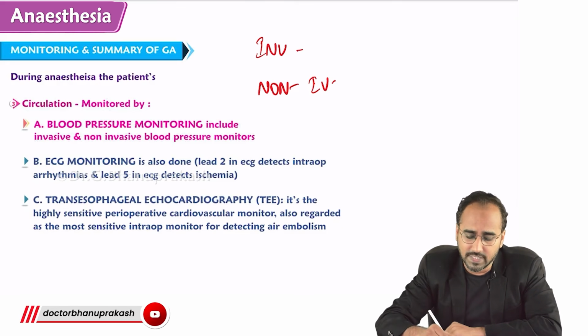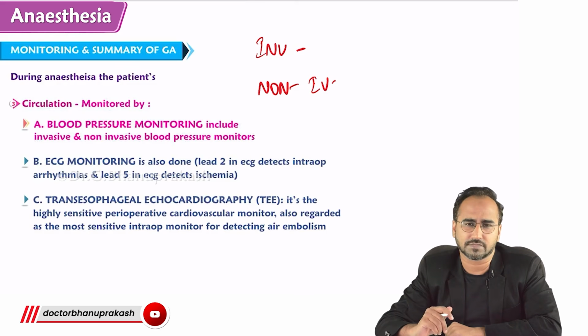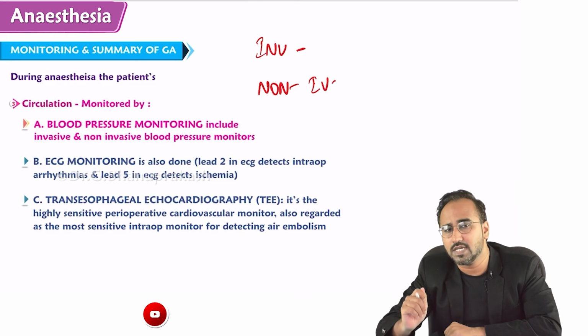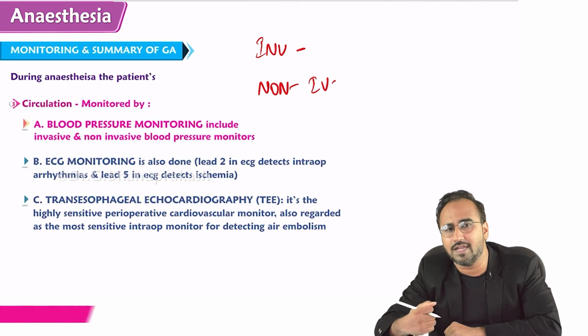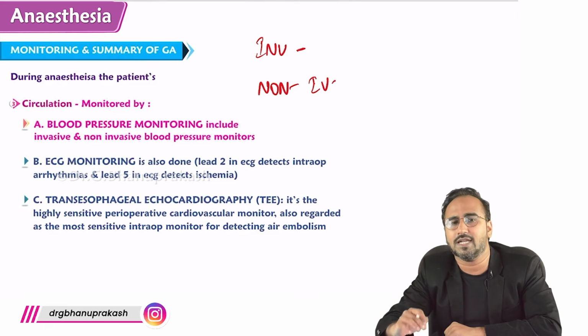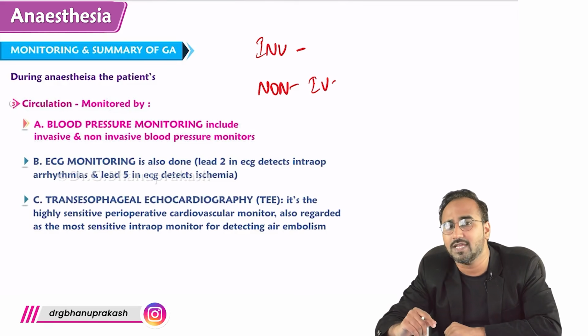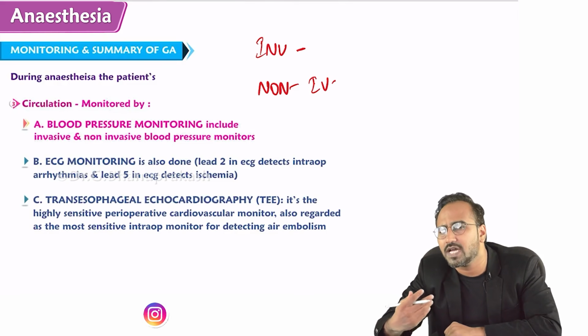And the invasive one, what is it? Invasive means you are placing a cannula inside an artery, such as the radial artery or femoral artery, and you measure the blood pressure every second.